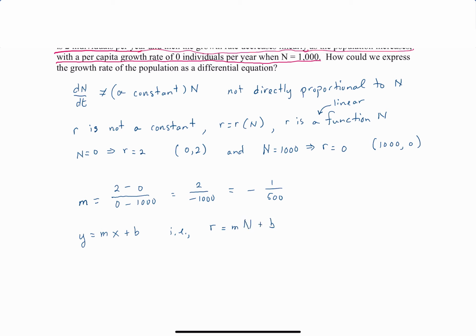And we actually know what b is because the point (0, 2) would be the intercept on the vertical axis. So I can say that r is the slope, negative 1 over 500, times N plus 2.